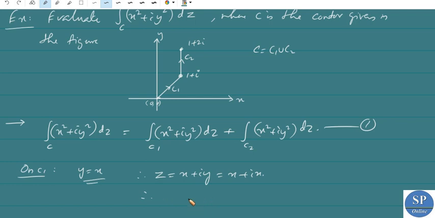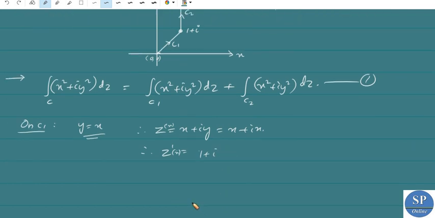Therefore z dash of x is equal to 1 plus i. So our integral over C1 of x square plus i y square dz: here we have y equal to x on C1, so we can replace y by x, and z can be expressed as a function of x only.